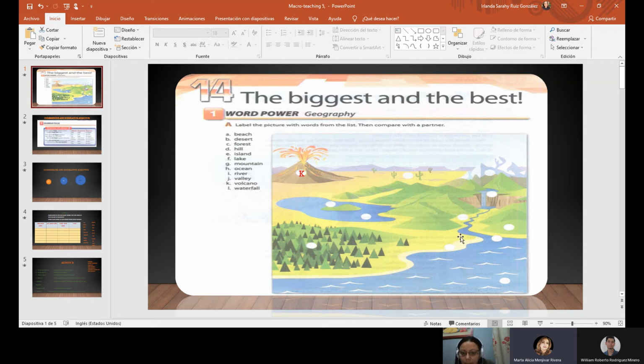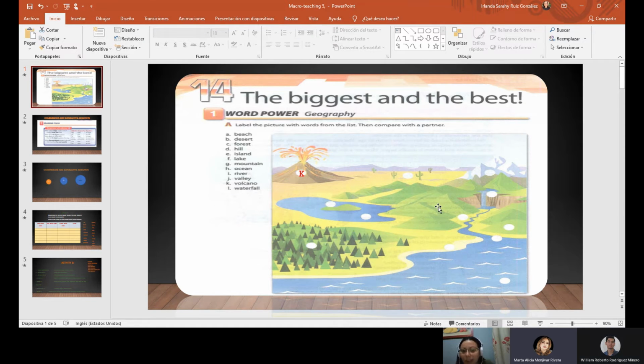Beach, desert, forest, hill, island, lake, mountain, ocean, river, valley, volcano, and waterfall.